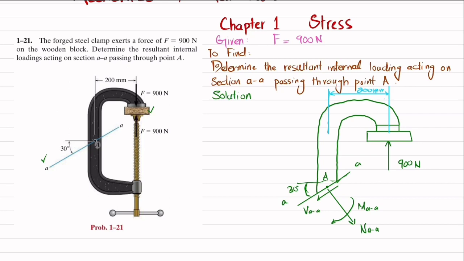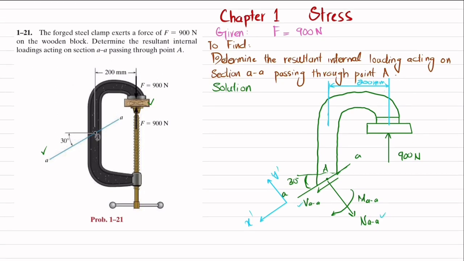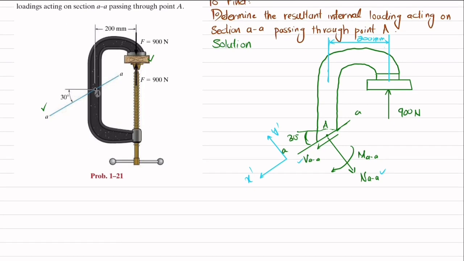Now we will take this as the x dash axis, and this will be the y dash axis, because this normal force and shear force act along these axes. So we'll find the internal loading by using equations of equilibrium. So the first equation of equilibrium is that the sum of all forces along x dash direction must be equal to 0, and force in this direction is taken as positive.